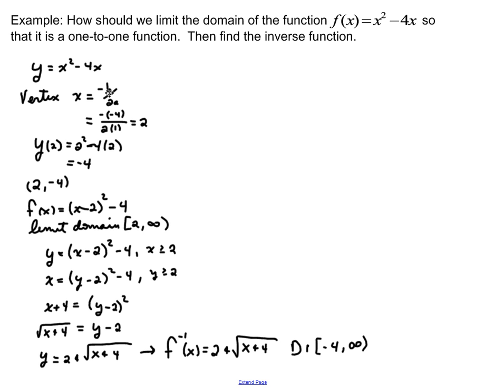So that means the range of our original function, where the domain was set to be all real numbers from 2 to infinity, will be the set of all real numbers from negative 4 to infinity, in order to make it one-to-one. And for our inverse function, the range is going to be the set of all numbers from 2 to infinity.